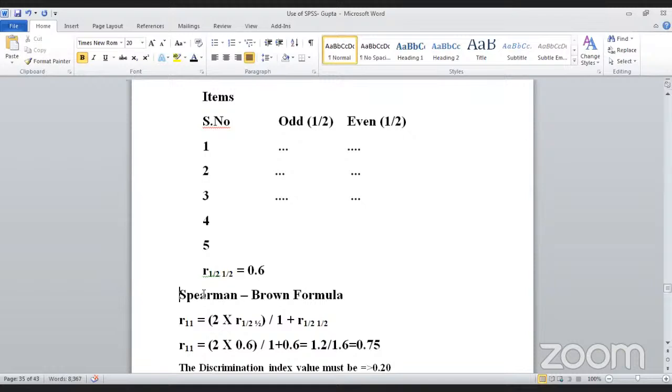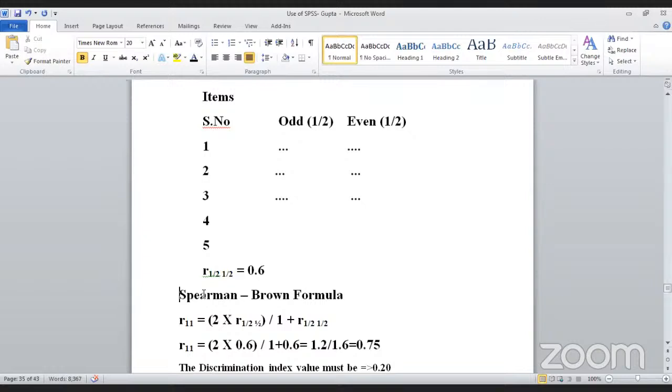And that is why many a times those people who establish the reliability of their tool with the help of the split half method, their reliability coefficient comes out to be very low. And this is very low because when they have divided the items, they did not divide it carefully.